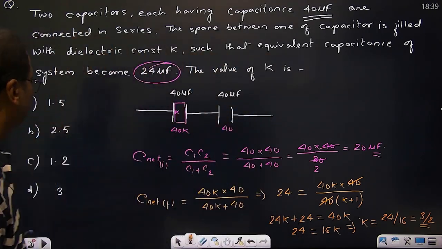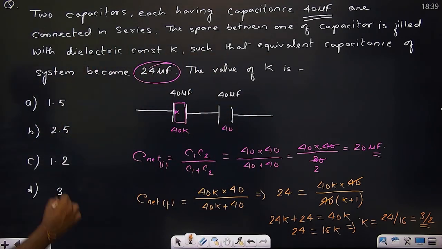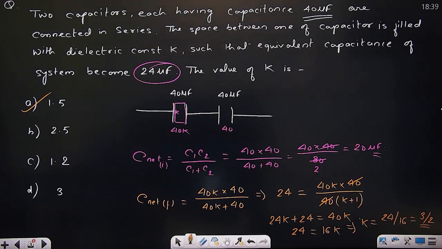Do we have an option like that? Yes, we have, option A is there. So it is 3 by 2. Is it clear? Any doubt in this one?